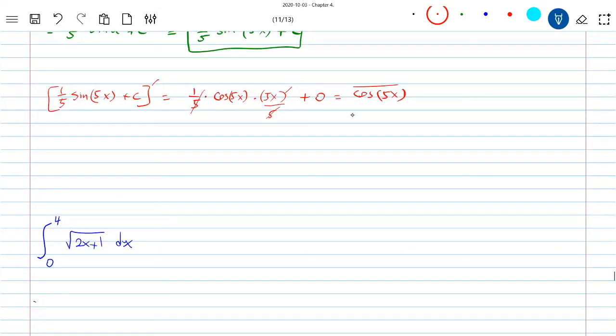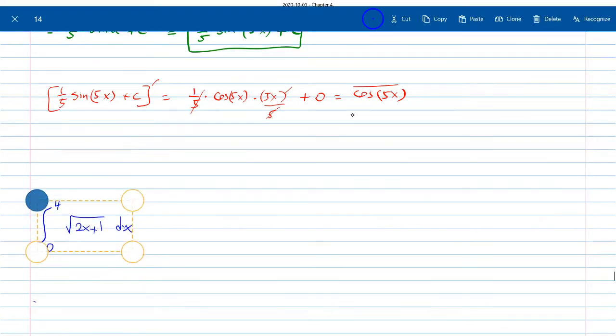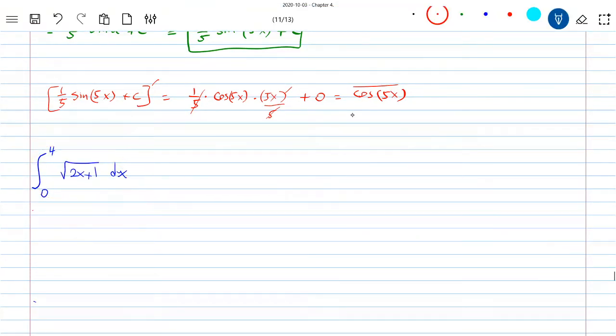But what if we have boundaries? What if you have a definite integral? Again, if you remember, for the definite integral, you do a similar thing. You always find the integral, the antiderivative function first, then you replace the boundaries. You don't need the constant. So first, let's assume there were no boundaries, what would we do?